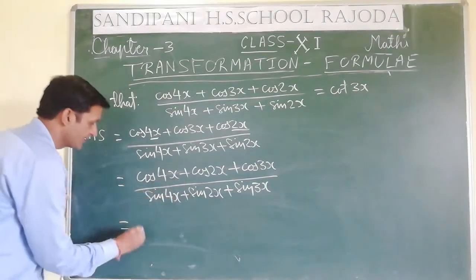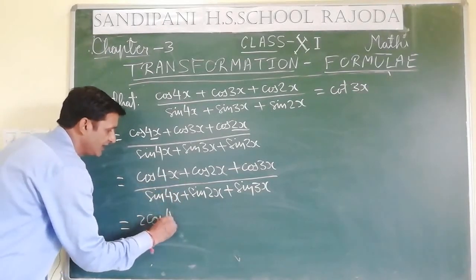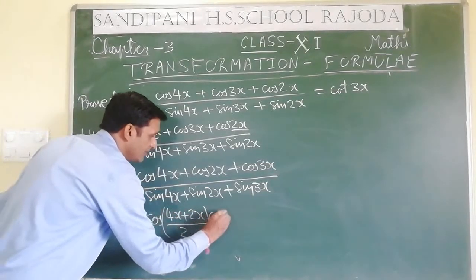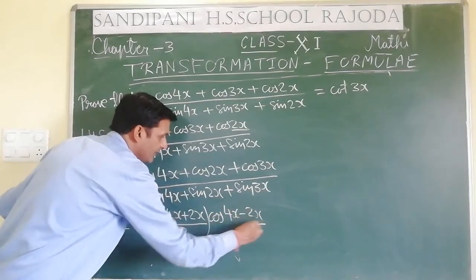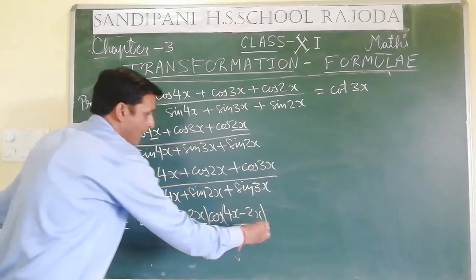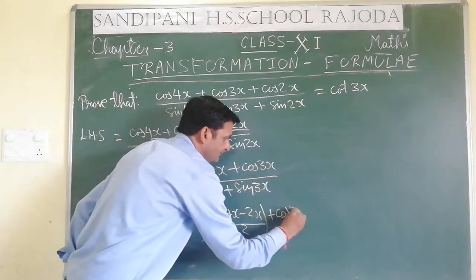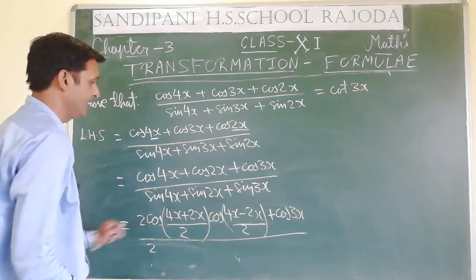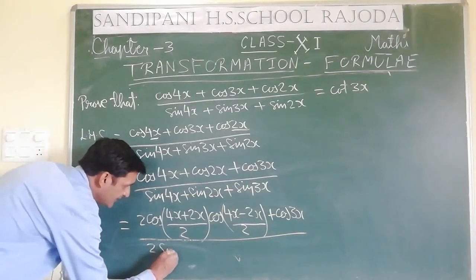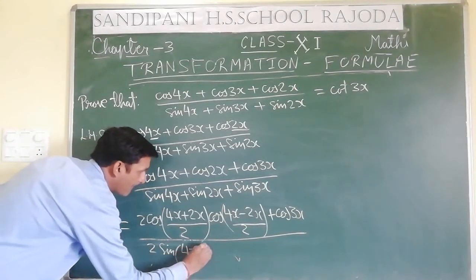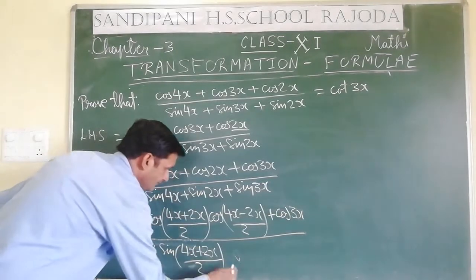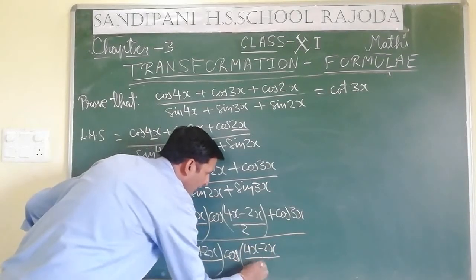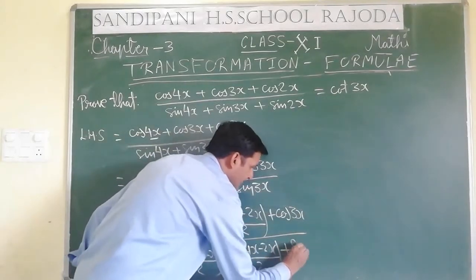Now cos c plus cos d is equal to 2 cos (c plus d) by 2 cos (c minus d) by 2, plus cos 3x, upon, here it is sin c plus sin d, that is 2 sin (c plus d) by 2 cos (c minus d) by 2, and here it is plus sin 3x.